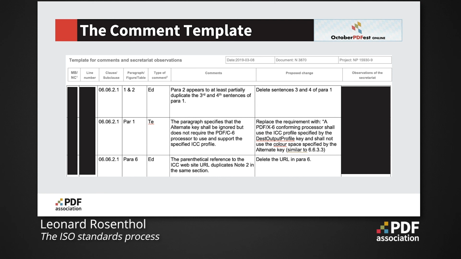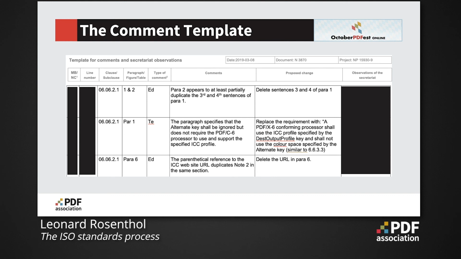Instead, when you have a comment about something, I copied something out of an old PDFX comment sheet. Here you'll see that the first commenter had an issue with clause 6, section 621, paragraphs 1 and 2, and then an editorial comment.